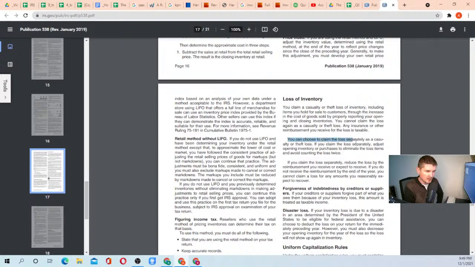You can choose to claim the losses separately as a casualty or theft loss. If you claim the loss separately, adjust opening inventory or purchases to eliminate the loss from items and avoid counting the loss twice. So that's very important here. You do not want to count the loss twice.